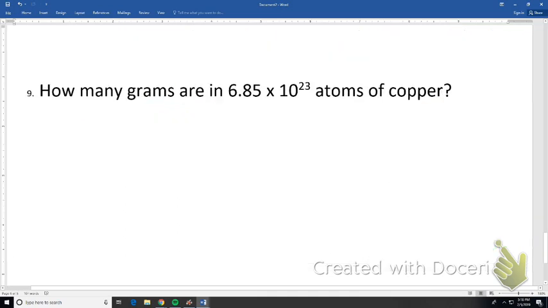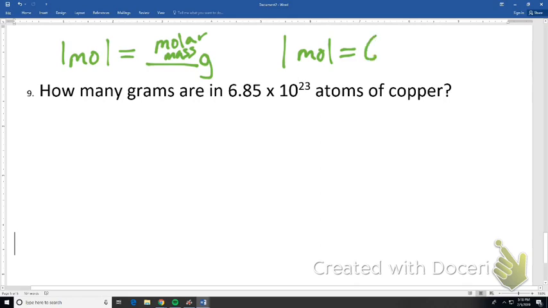All right, looking at question 9, we know 2 different equalities now. That 1 mole can equal to mass, grams, if we look at the molar mass. And we know how 1 mole can equal Avogadro's number of things, like atoms or molecules.